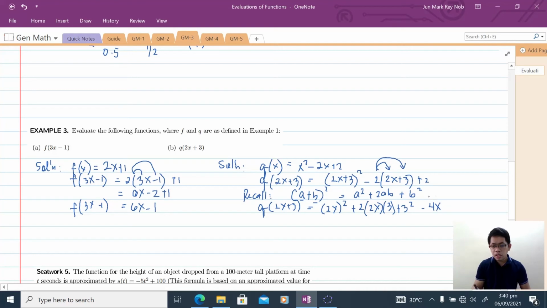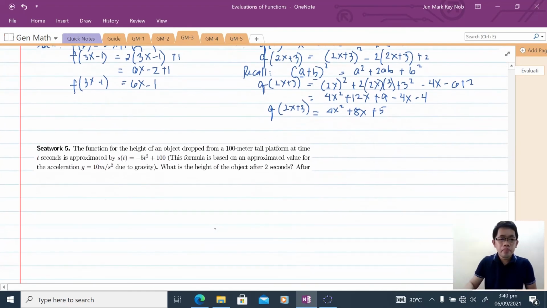Negative 2 times 3, that's negative 6 plus 2. So we have 4x squared plus 2 times 2 is 4 times 3 is 12, so 12x plus 3 squared is 9 minus 4x minus negative 6 plus 2 is negative 4. And then we have 4x squared. 12x minus 4x is 8x. 9 minus 4 is 5. So this is now the result.